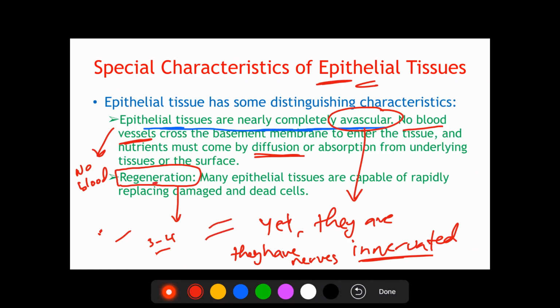Why? Because they have this ability to regenerate. So this is something very unique to the epithelial tissue. Unique in terms of the speed, in terms of the efficiency, in terms of the scale. For example, we are talking about the entire skin that can be regenerated within 45 days or so. Okay?